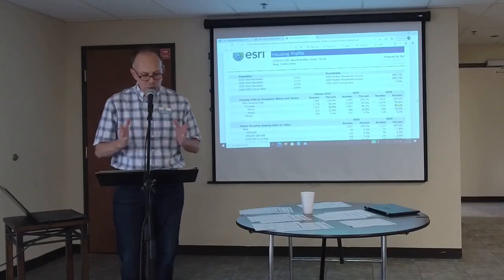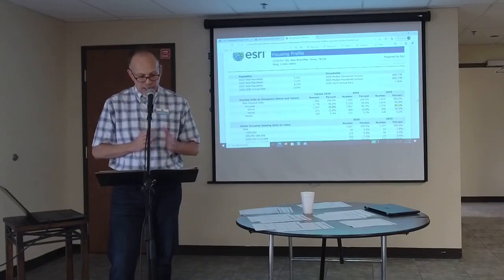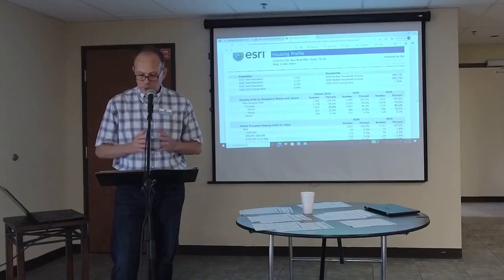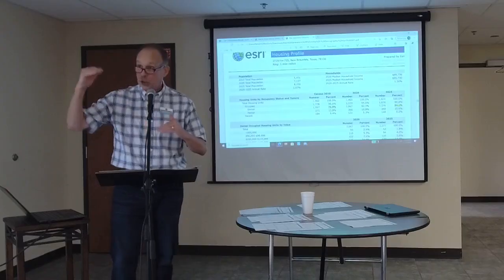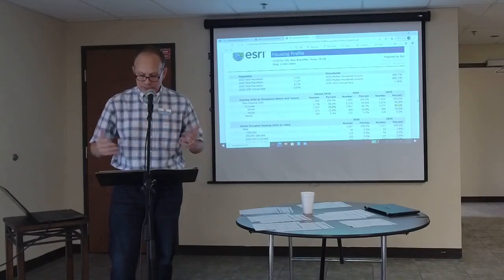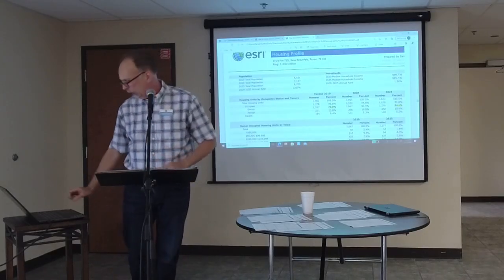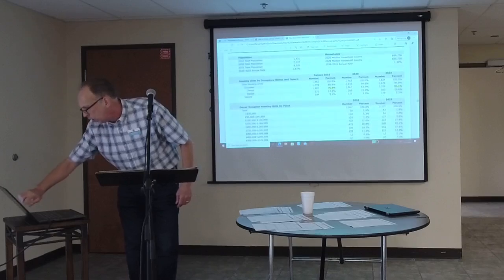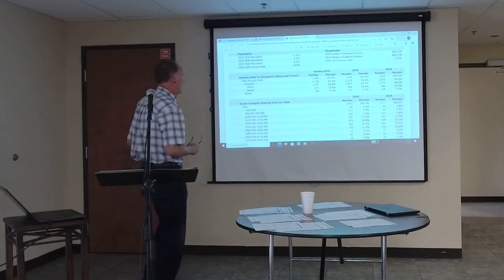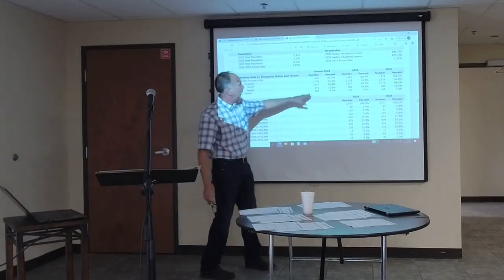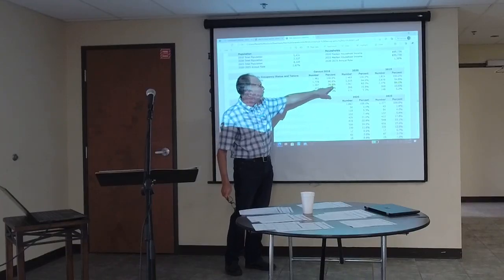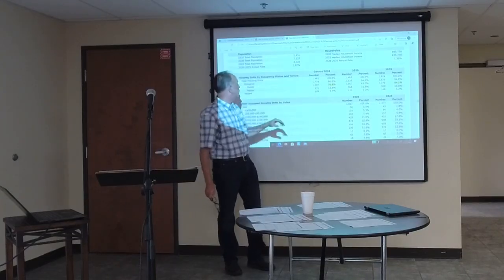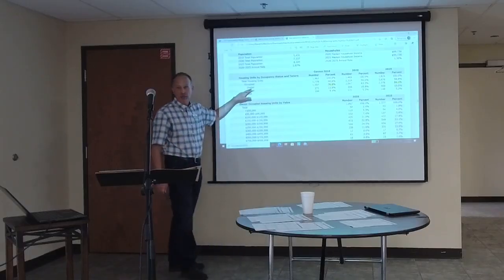So a way that you could use the data in the housing profile is you can look at the percentage of owner-occupied housing units and how that's projected to change. Is home ownership increasing in your area, or is it decreasing? When I looked at New Generations Fellowship at the 1 mile ring, the 2010 census showed 76.8% of the housing units were owner occupied, right?